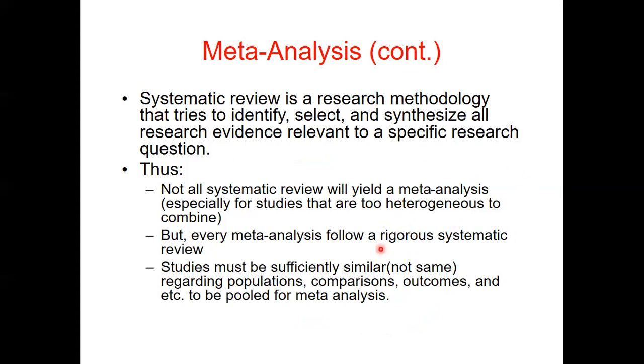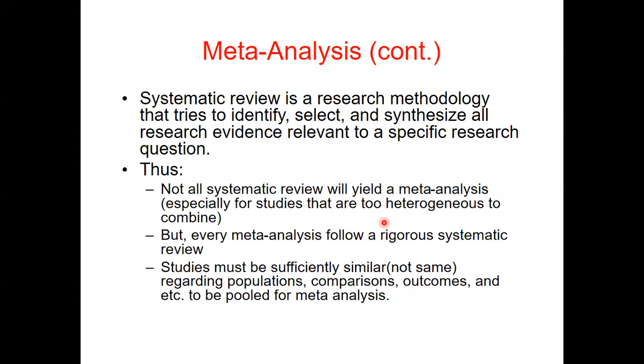So as we said, not all systematic reviews will yield a meta-analysis because some studies may be too heterogeneous to combine. So you may probably need to split them and group them and do something else, maybe do some qualitative analysis or something. But we know that every meta-analysis follows a rigorous systematic review.